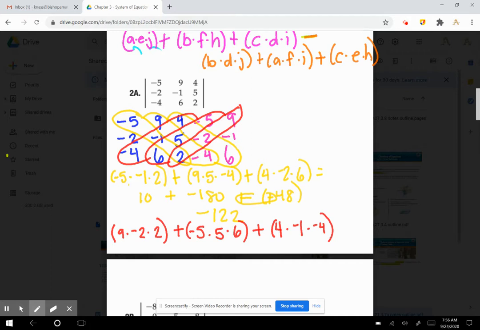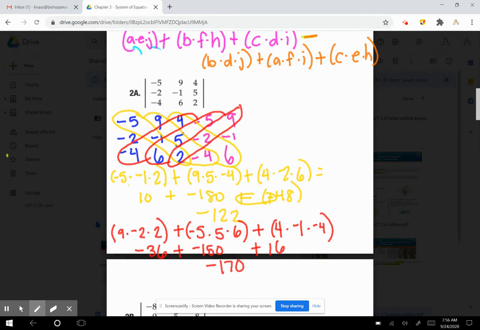This first one here is -36 plus -150 plus 16. So -36 minus 150 plus 16 gets you -170.